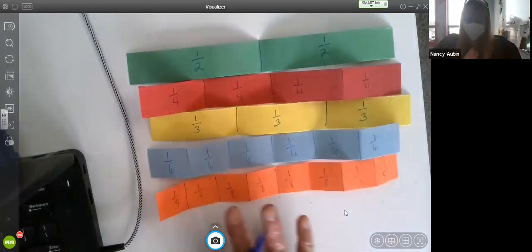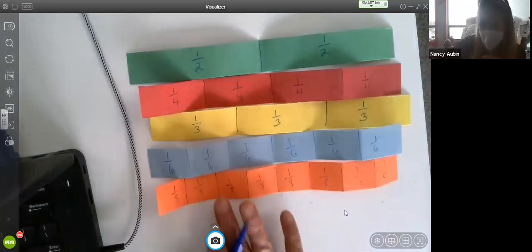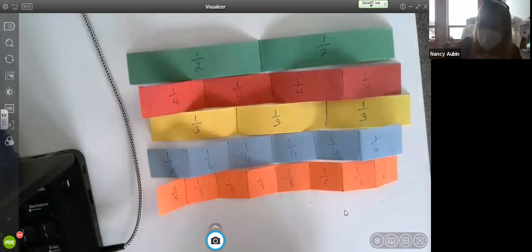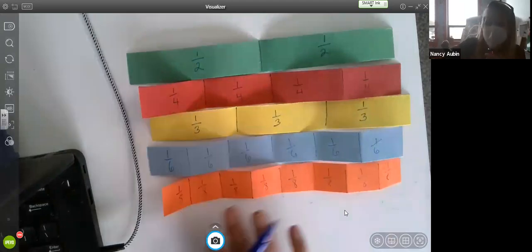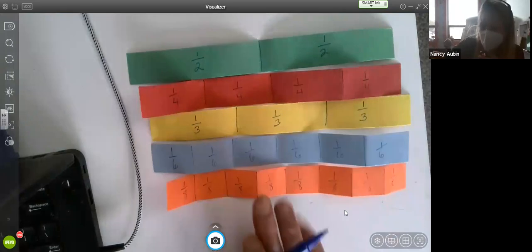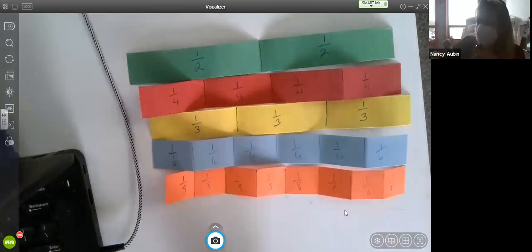All right, that one should be pretty simple. If you didn't hear Lyric, fold it in half 3 times and you will get 8s. Much simpler than 6, don't you think? So notice that every fraction you're writing is a unit fraction.